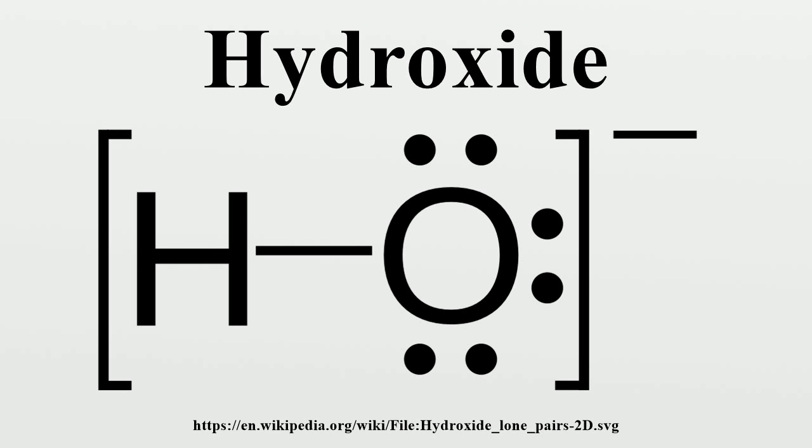LiOH, however, has a layered structure, made up of tetrahedral Li(OH)4 and Li(OH)4 units. This is consistent with the weakly basic character of LiOH in solution, indicating that the Li-O bond has much covalent character.